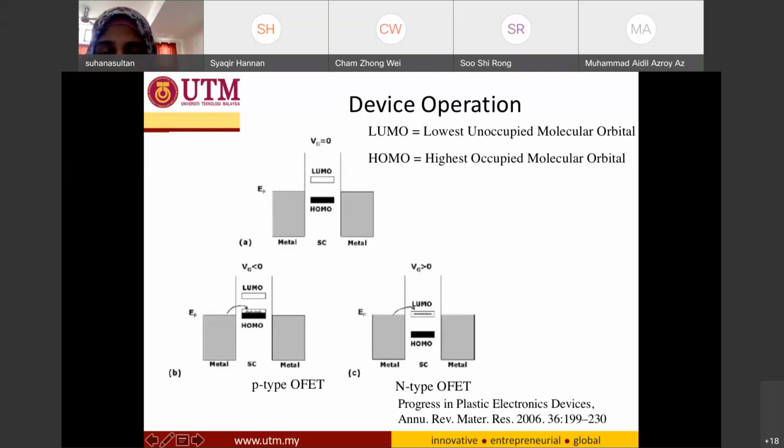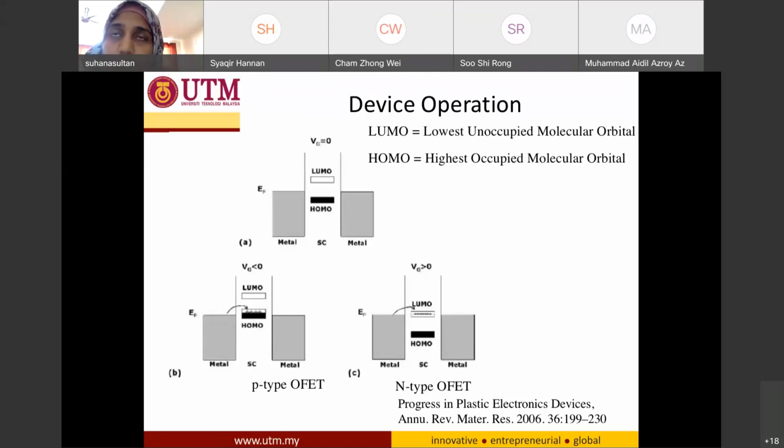If the Fermi level is too far below, the electrons will not have enough energy to hop into the channel or out of the channel. It must be close enough to the band, which is this LUMO band. If you realize, for organic semiconductor, the carriers are more like hopping compared to inorganic semiconductor.